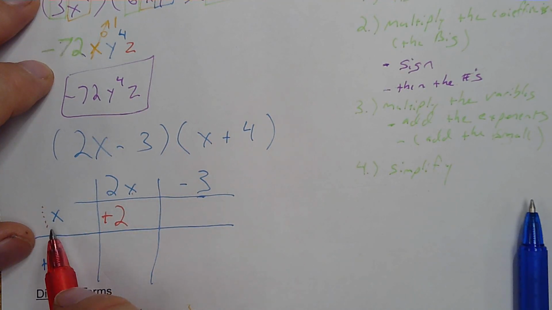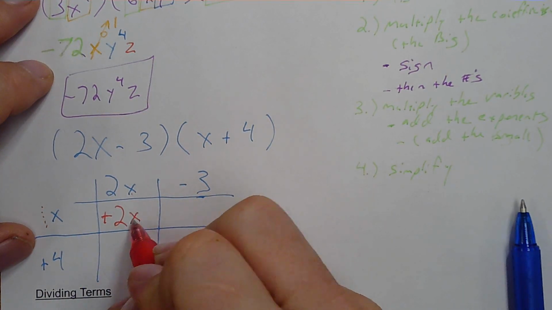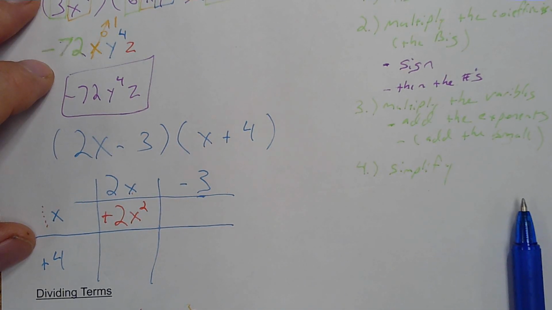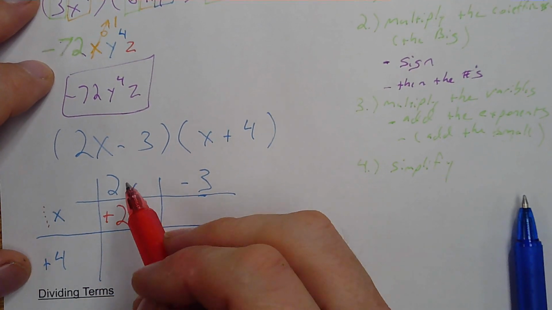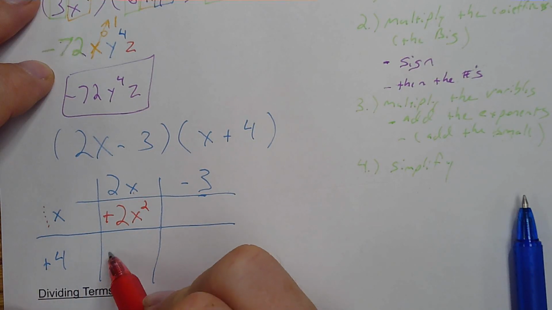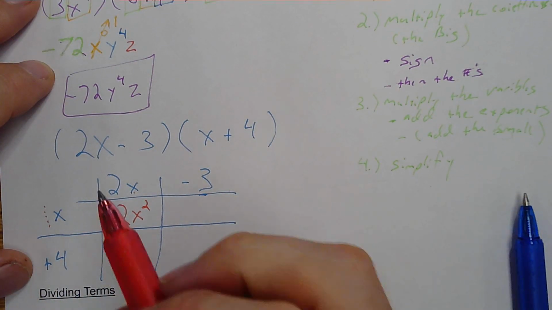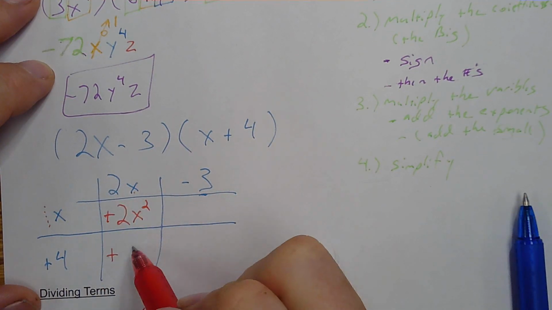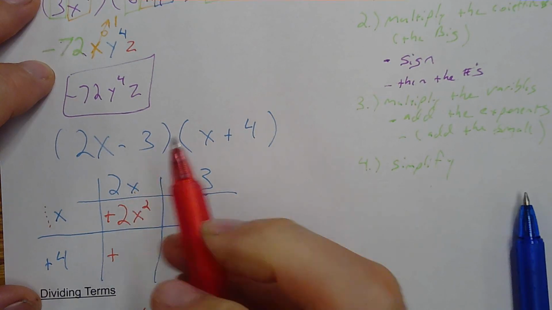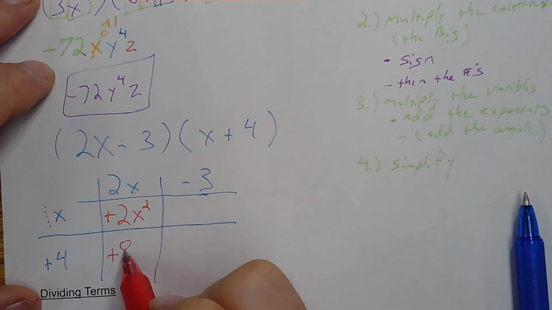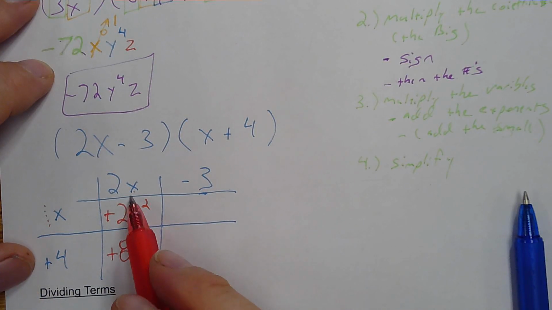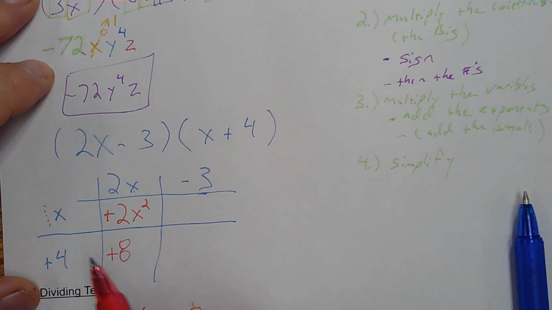X times x is x squared. Now we move on to this one. Positive times a positive is a positive. 2 times 4 is 8. X times no variable, the x just carries forward.